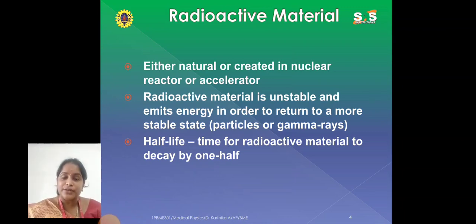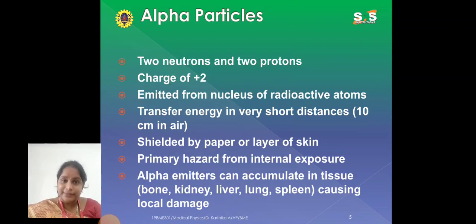Here, we have to consider the half-life, the time for radioactive material to decay by 1/2 by emitting radiation. In this, the output is either alpha, beta or gamma. First, we are going to see alpha particles.